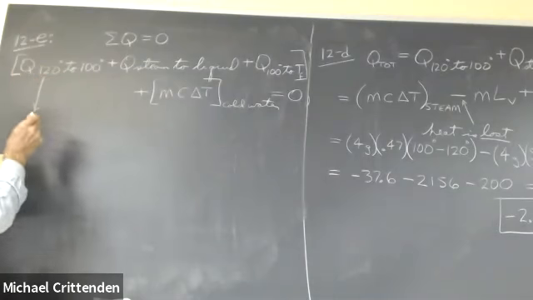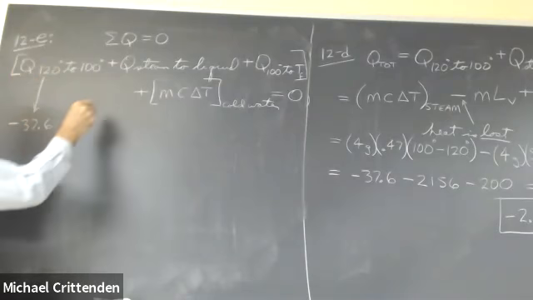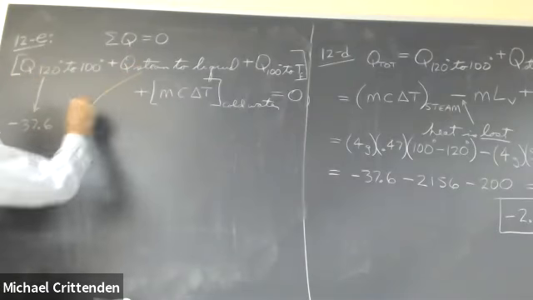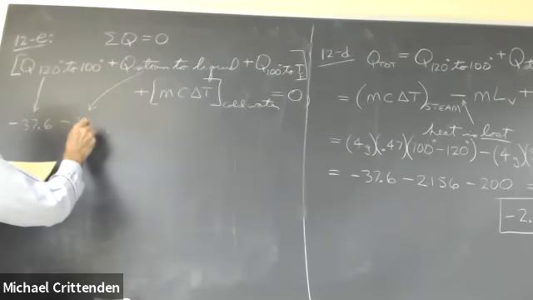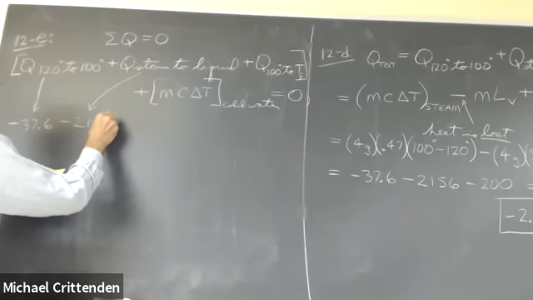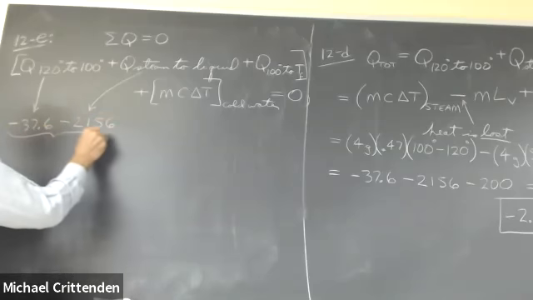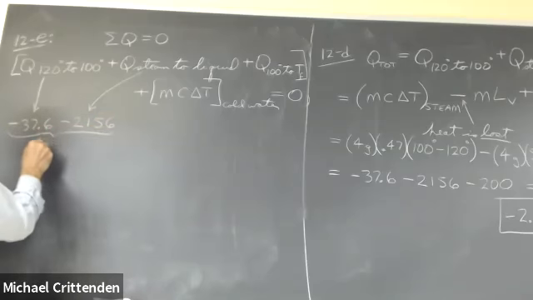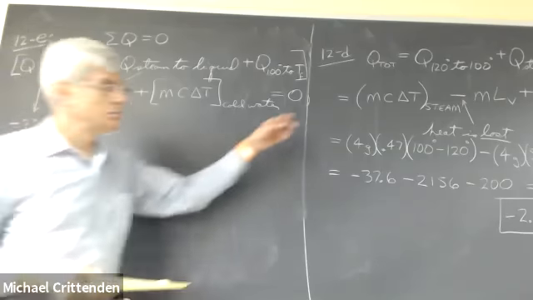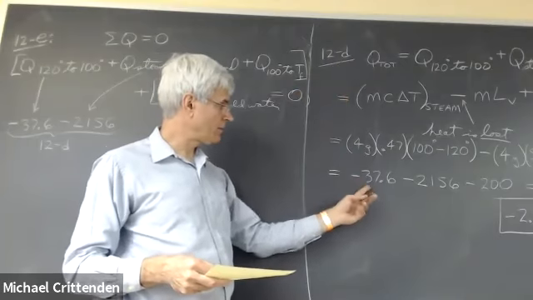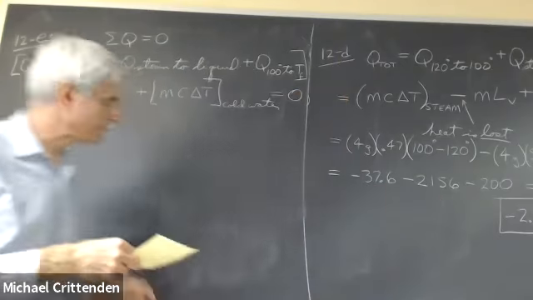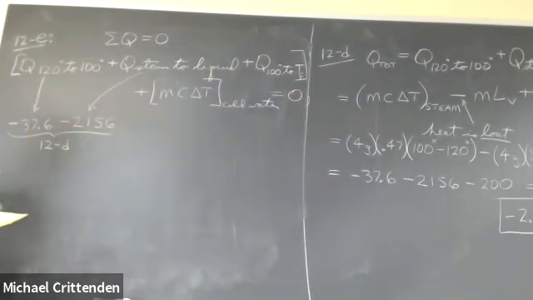That is negative 37.6. That is negative 21.56. And I'm getting those numbers from example D over here. Okay, so they're still right there. Just recycled numbers.